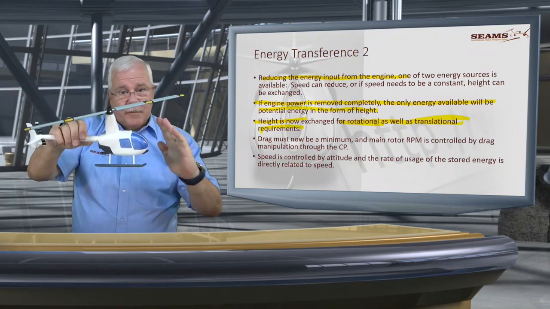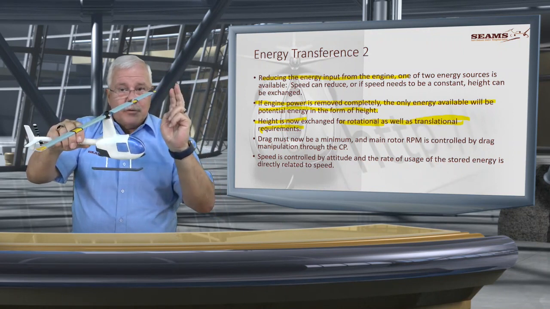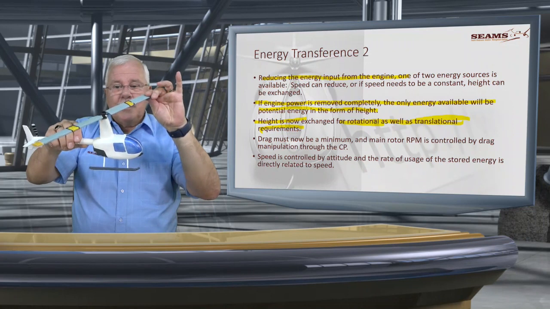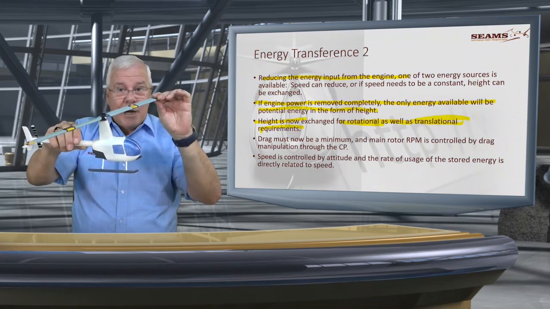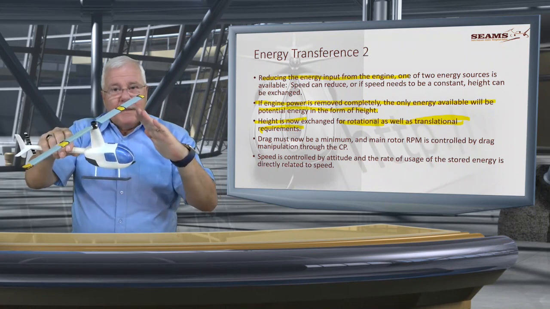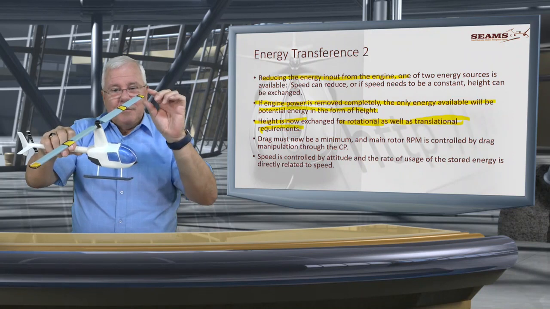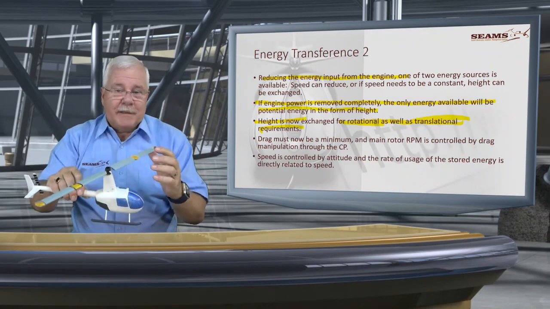Relative airflow comes from the bottom, and that energy exchange must happen in two ways. First of all, we're going to reduce the angle of attack to a minimum to get the drag to a minimum, and then it might be that the autorotative forces on the blades will make them speed up higher than what its design is.